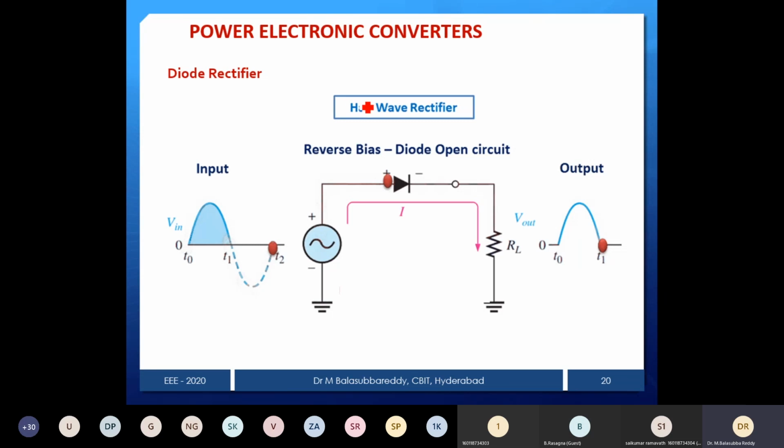That's why I consider input as an AC supply here. Our circuit is a small one, I used a diode. Output I connected to a load, I consider a resistive load. If you want you can connect like this also. It is the same, just both are grounded. So that's one circuit.